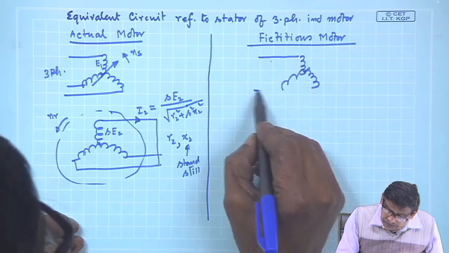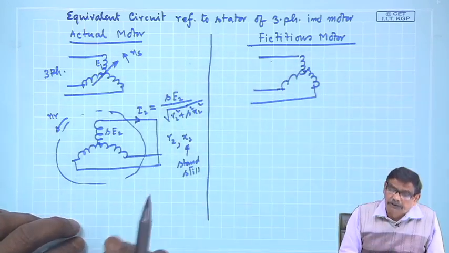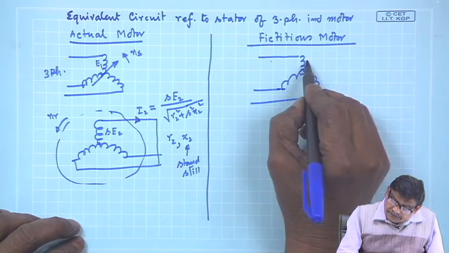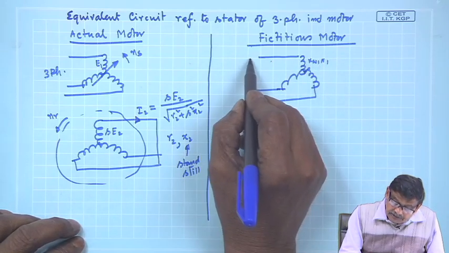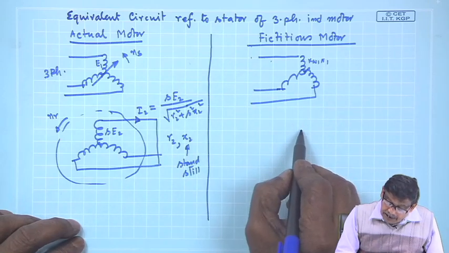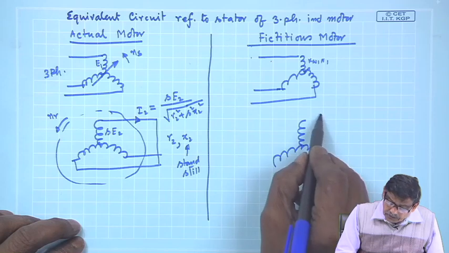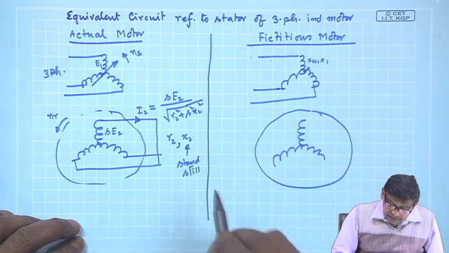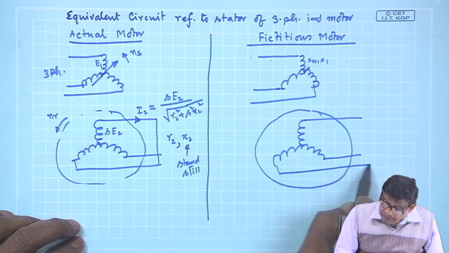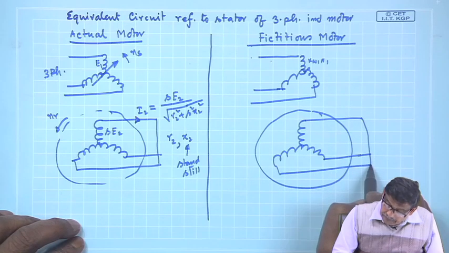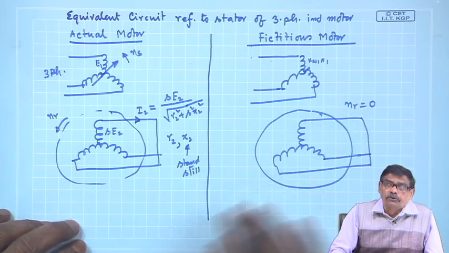What I will do is connect the same supply; the stator is identical, the number of turns are the same, Kw1 N1 effective number of turns, the same voltage I have applied, and here is your rotor. This rotor is also shorted, but NR equal to 0. I am not allowing it to rotate.